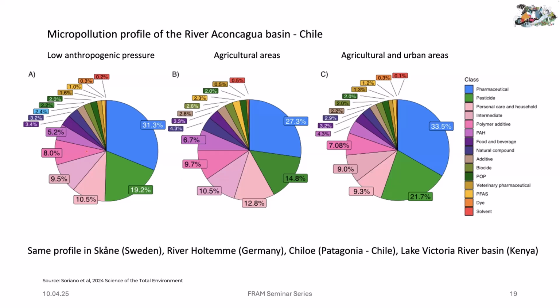Like I wrote here, the chemical profiling is quite similar also in the Skåne area in the south of Sweden, in one particular river in Germany where we were collecting samples, also in northern Patagonia and in Kenya. So the chemical profiling is very, very similar, with pharmaceuticals and pesticides being the two top classes of chemicals.